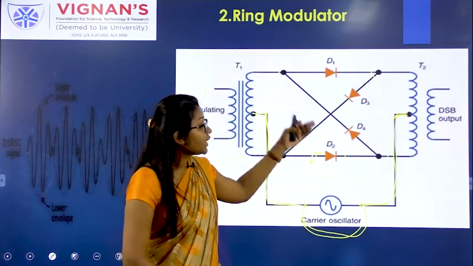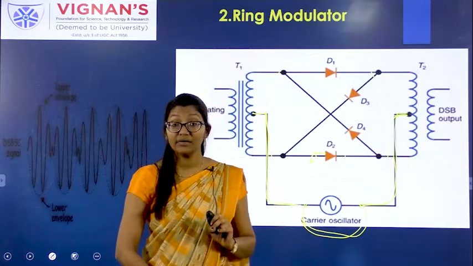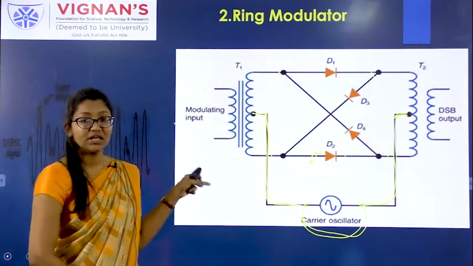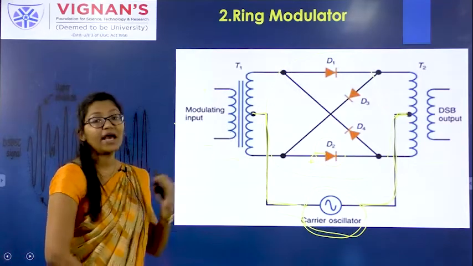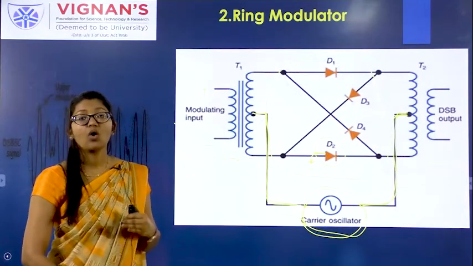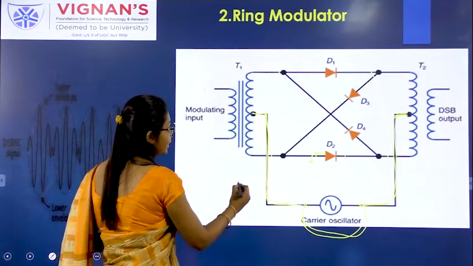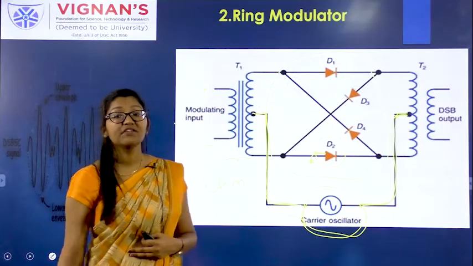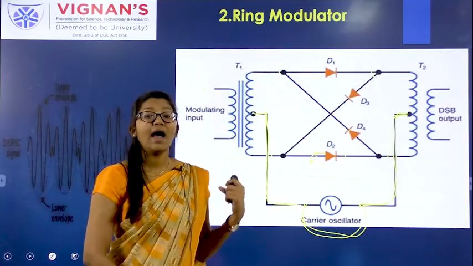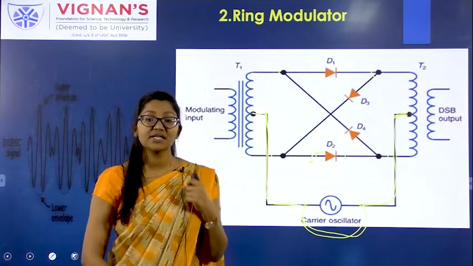So these diodes will work only under the carrier signal. Why? Here we are giving two signals, message and carrier, but this diode only works under the carrier. Why? Because the carrier signal is greater than the message signal. Whatever amplitude and frequency you are taking, the amplitude and frequency of the carrier is greater than the message signal.